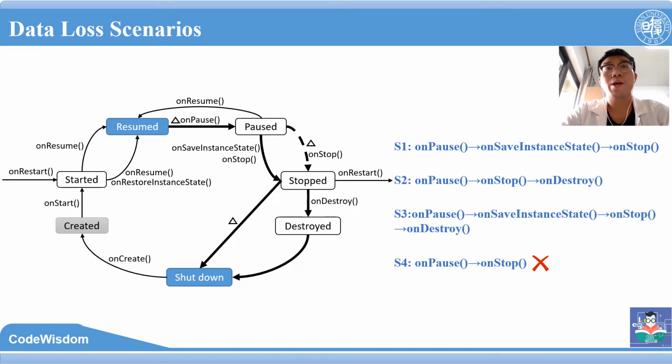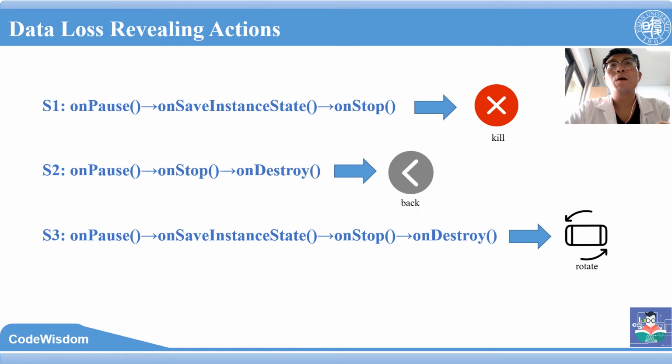in real-world scenarios. For the three scenarios, S1 often occurs when an activity is forcibly killed due to interrupting actions, for example, being killed by the user swiping or killed by the Android system.